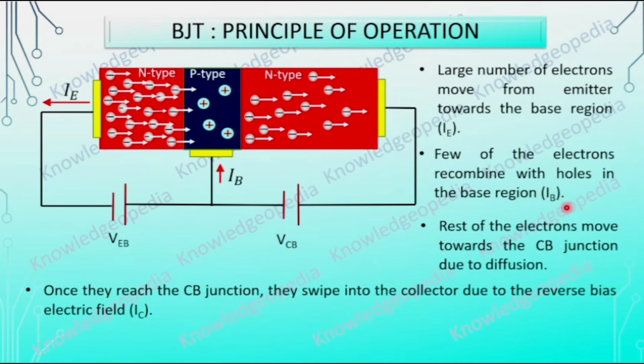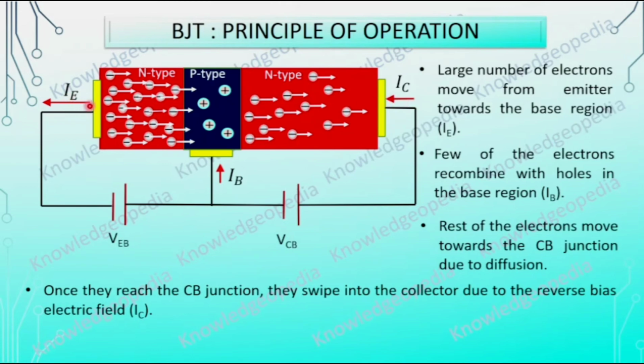Coming to the third type of current, if you consider this terminal of the BJT, from here you can see these electrons are moving out of the device. If the electrons are moving out of the device, a current should flow into the device. So this IC is the collector current which is flowing into the BJT. So here are three types of current.